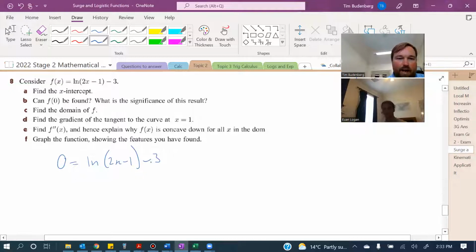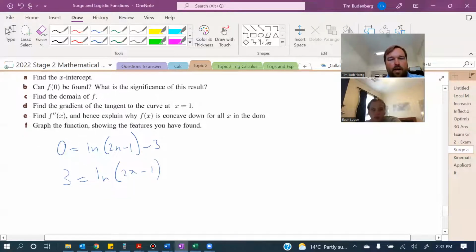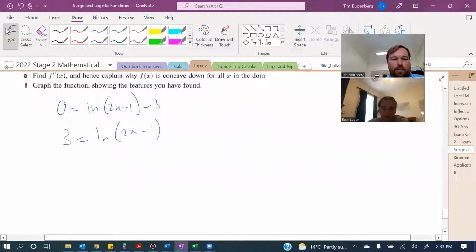Add 3 to both sides. 3 equals ln of 2x take 1. I would then raise both sides to the power of e. So e to the 3 equals e to the ln of 2x take 1.